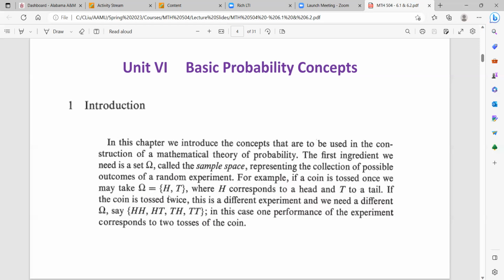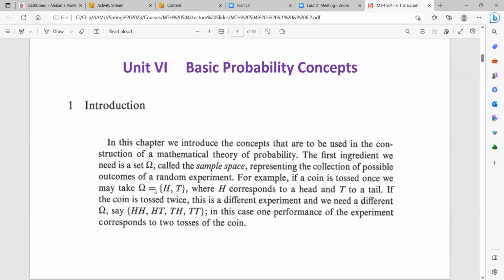When you toss the coin, you either get head or tail. You don't get anything else. So the sample space of this experiment is the set of two outcomes, H and T, where H represents the head and T the tail. That's the case when you toss the coin once.